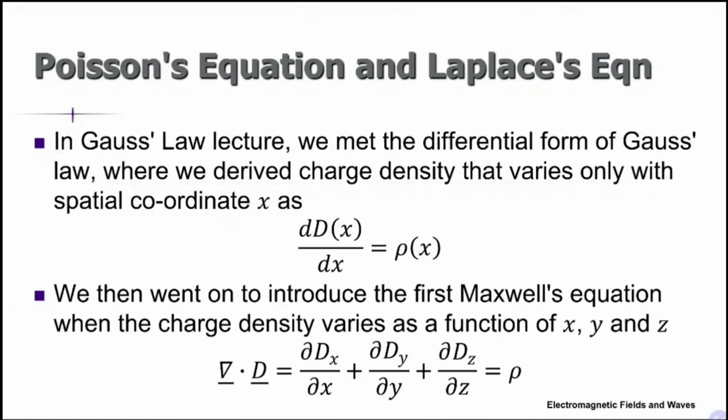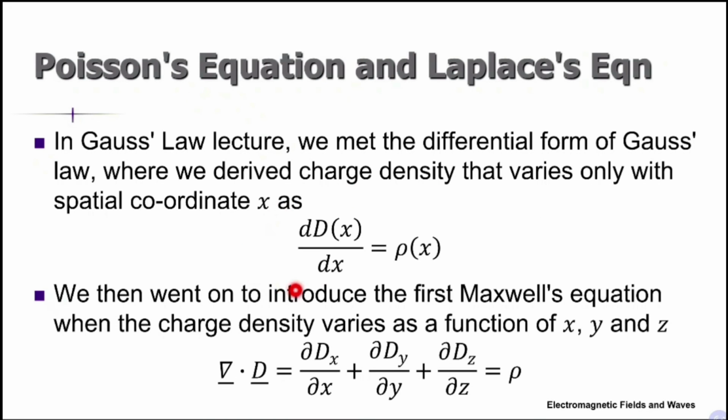So these are two equations that are important in electromagnetics, but we're not going to go into too much detail, it's just to show you what they are. In the Gauss' law lecture we met the differential form of Gauss' law.